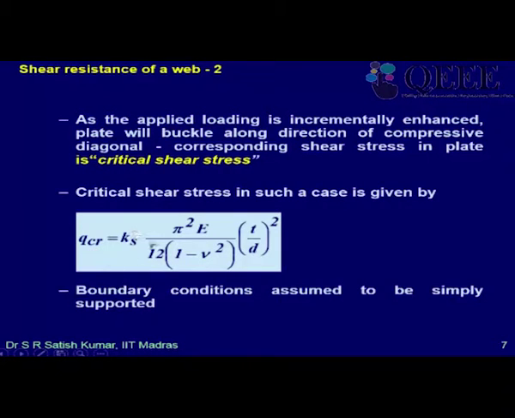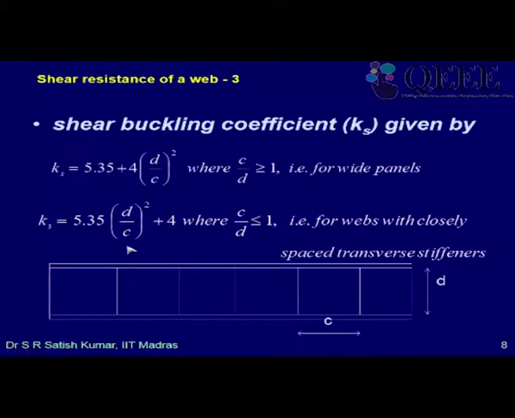Now we need to understand the typical value. Ks is called the shear buckling coefficient, and consider a plate in shear having all four edges simply supported, that means these edges cannot move out of their position, but they can rotate.